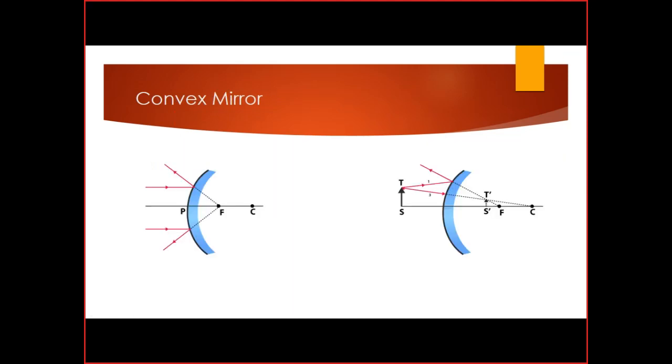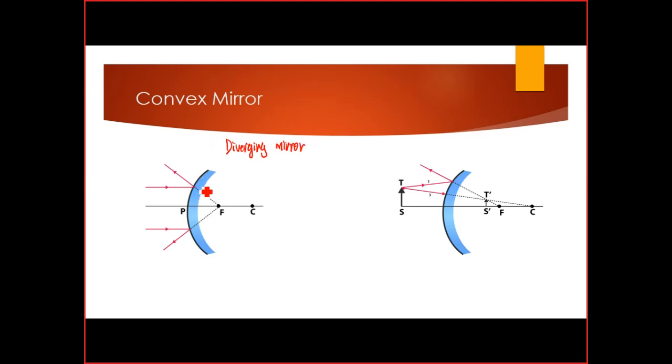Okay, so that one, concave mirror, is for converging. Now we have this convex mirror. This one is called a diverging mirror. This one very much diverges light.